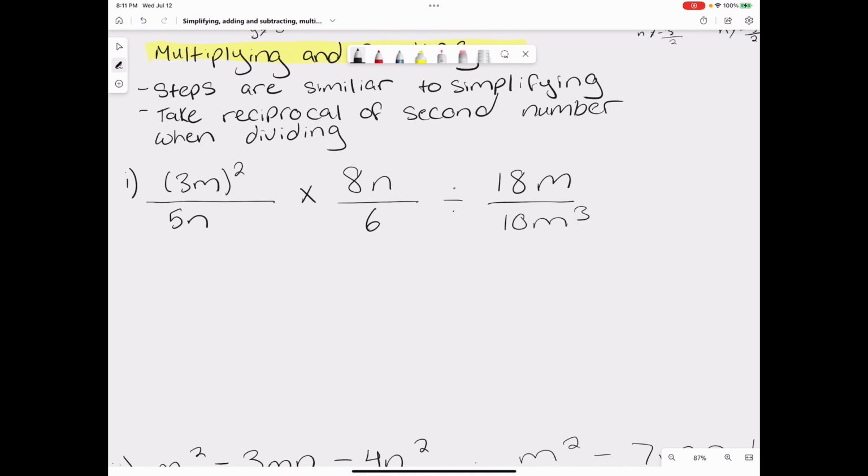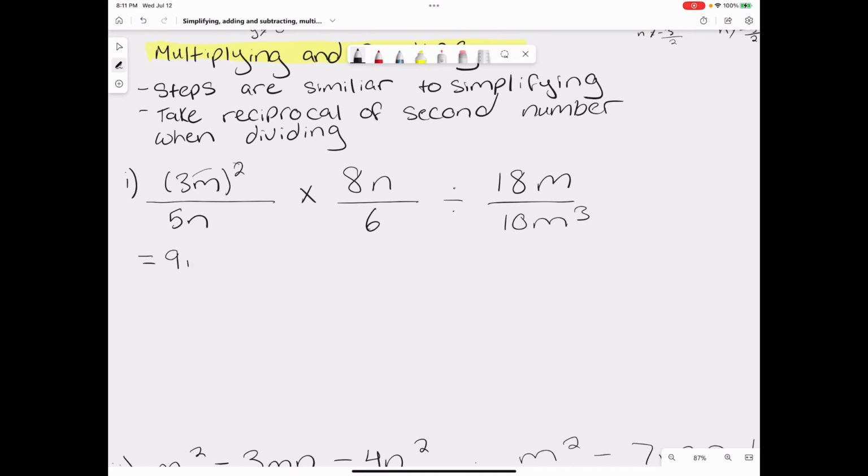So for example, we're going to look at this expression right here. It's pretty long, but we'll go through the steps to complete it. So first thing we want to do is flip or get the reciprocal of the second number in the division problem. So we're just going to rewrite the rest of the question like normal. We can also maybe expand this as well, the 3m squared.